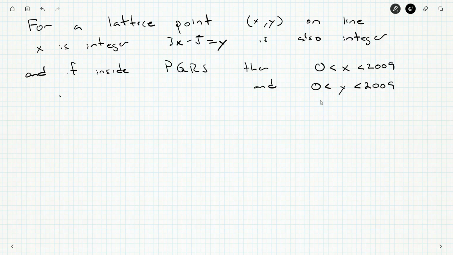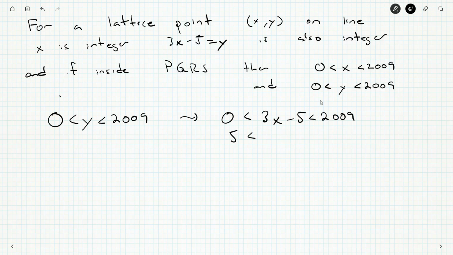But it's the y values that we really have to pay attention to. So we get a second inequality here. Since y can be expressed in terms of x, we have 3x minus 5 less than 2009. So 5 has to be less than 3x, which has to be less than 2014.